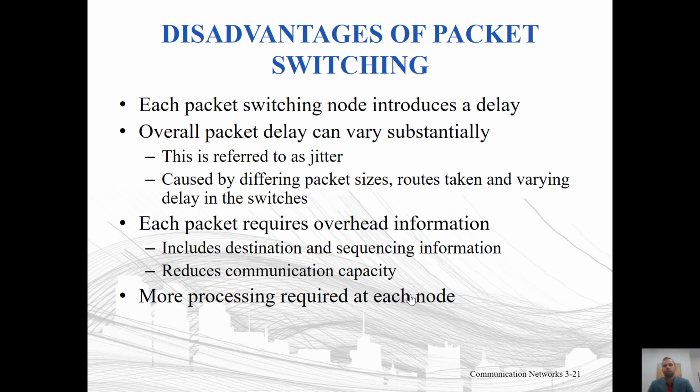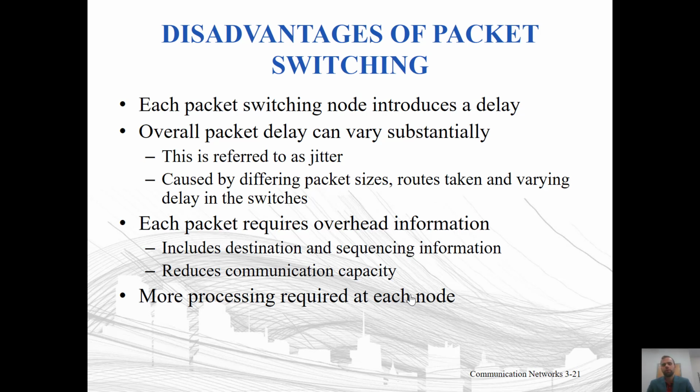Each packet requires overhead information. That little header for the control portion is considered overhead. It's essentially wasted communications; in other words, there's no real data being transmitted there. It's just control information. Where does the packet have to go?